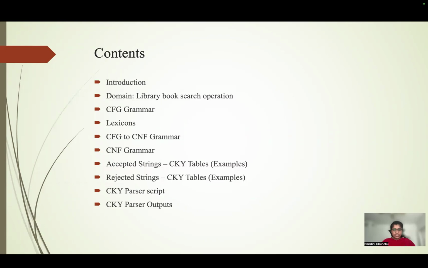First, I will introduce what parsing is, and I will briefly tell you about the domain I have selected, that is library book search operation, and about the CFG grammar and lexicons which I have created based on the domain and sentences, and how we can convert CFG to CNF grammar, and how the CNF grammar looks. And then I will move forward to show you the accepted strings CKY tables.